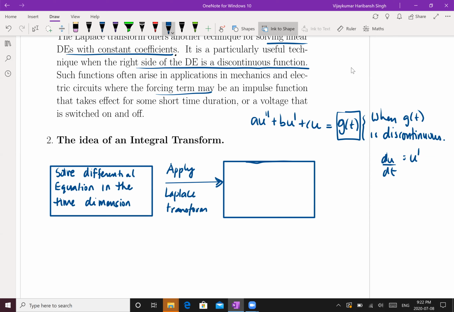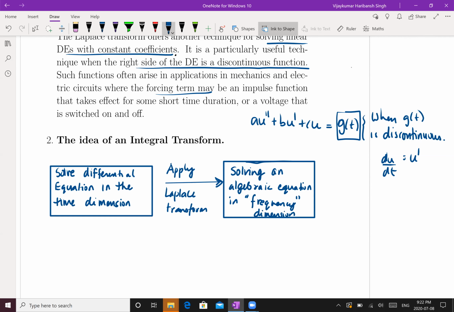It now becomes a problem of solving an algebraic equation in the frequency dimension. So you see the whole differential equation becomes an algebraic equation, in the frequency dimension.